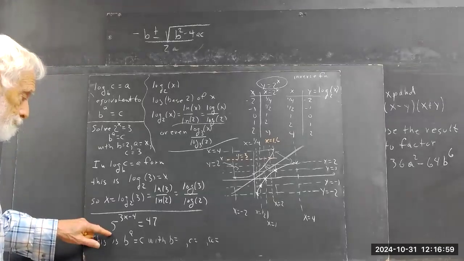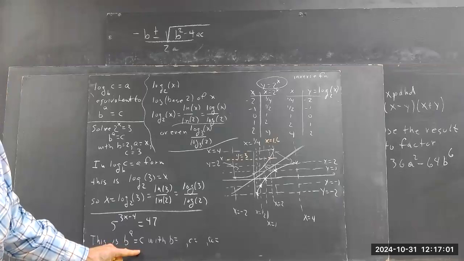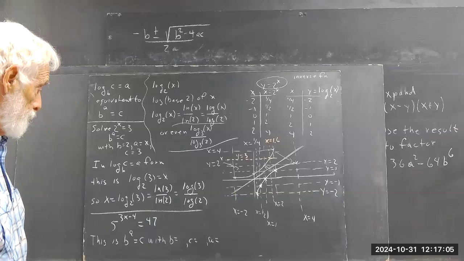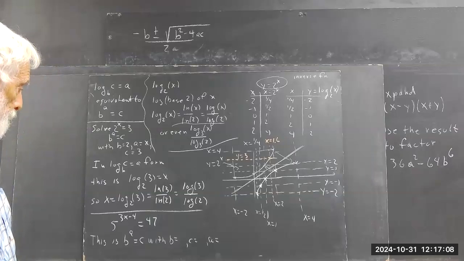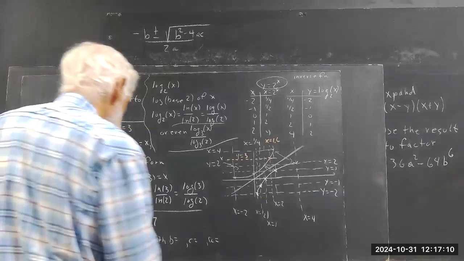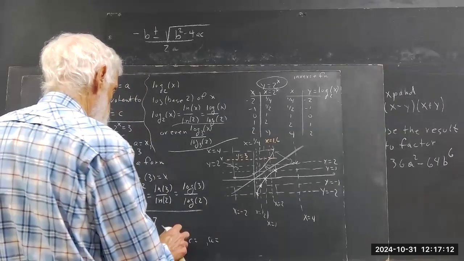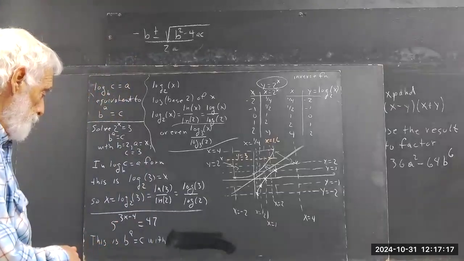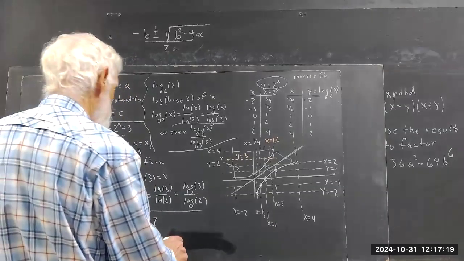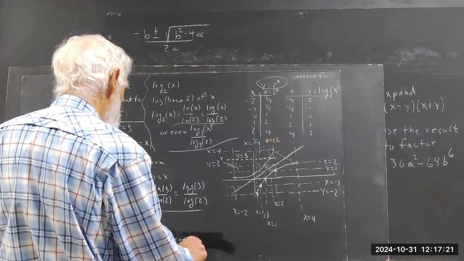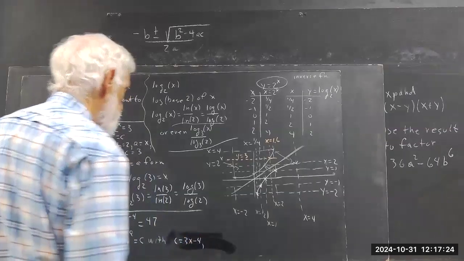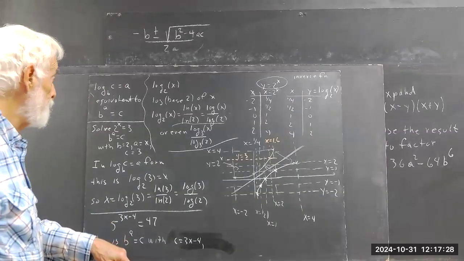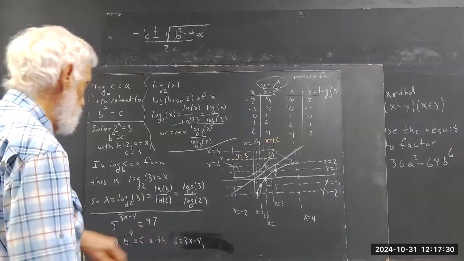Well, the easiest thing to identify is often the exponent, which is 3x minus 4. I didn't leave myself room to write out 3x minus 4. We know we've got to identify a, b, and c. Sorry, c is 3x minus 4.